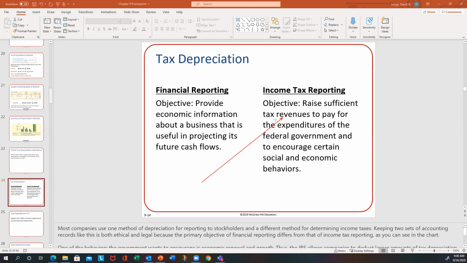They want to raise sufficient tax revenues to pay for the expenditures of the government. So because we often have different objectives and different goals, the GAAP rules do not always align with the IRS code. And because of that, a lot of companies have to have two sets of financial records. They would have financial records according to GAAP, and then they'd have financial records according to the tax code, because again, they have to follow the appropriate code by the federal government.